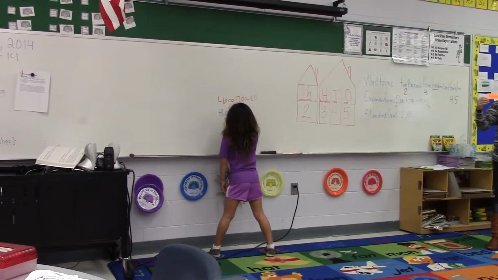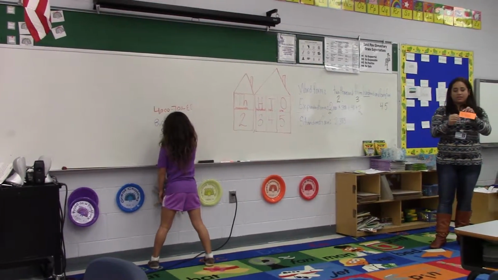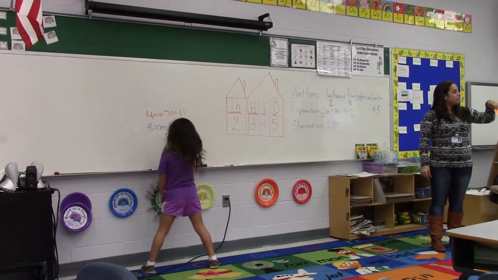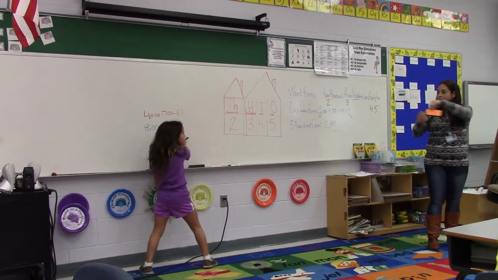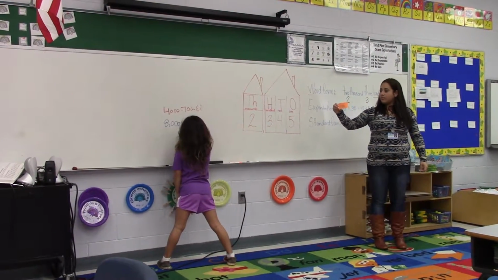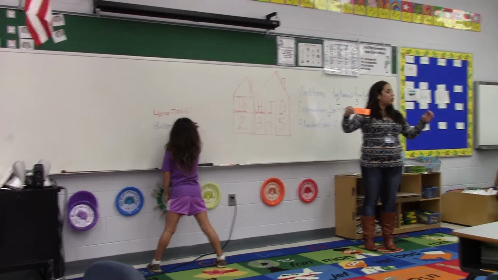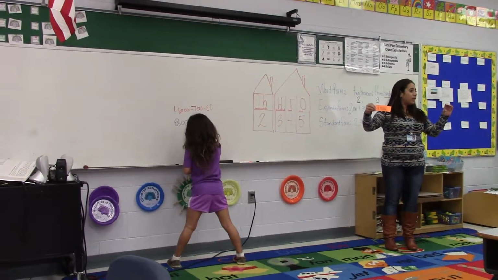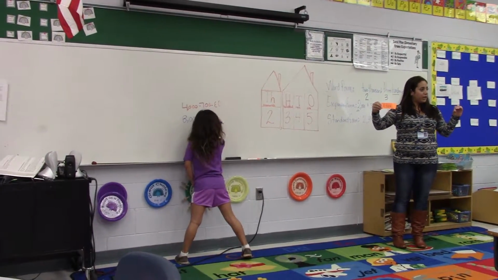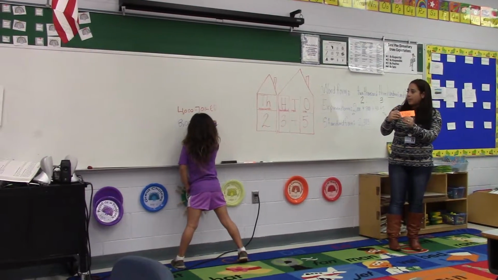Okay. When you're coming up to the front, look at your number that you got. Make sure that you understand the number, okay? So that when you come over here, you know what you're going to be writing.